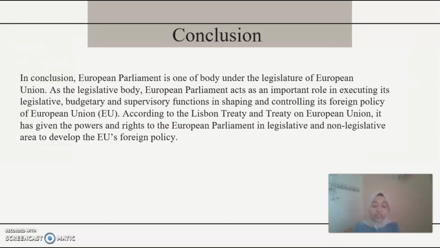Besides, it also ensures the EU executive performs their role. However, the EP was also being challenged when their power is comparatively less compared to those unelected institutions. This situation might influence the EP in shaping EU foreign policy due to its less influential power.